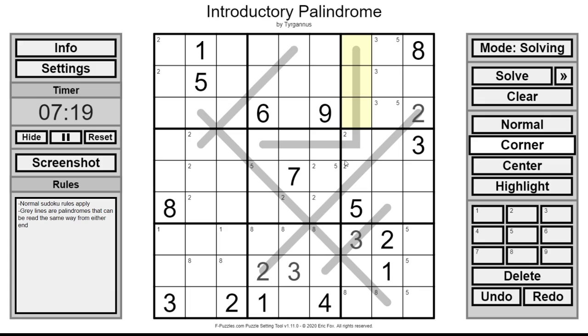So 3, 5, and 7 are sort of stuck over here now. Nine in this row is over there. That doesn't seem useful.